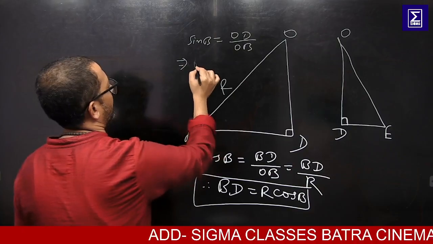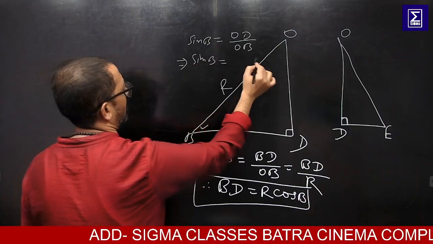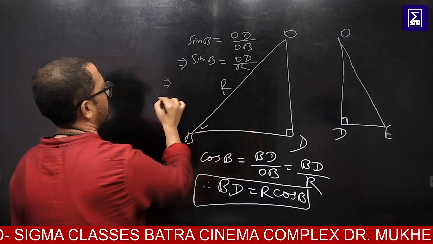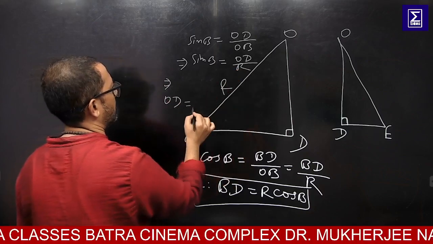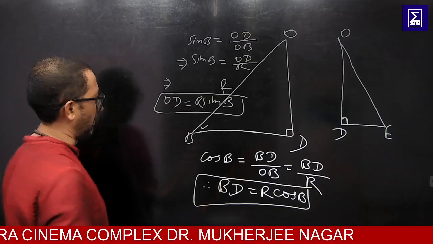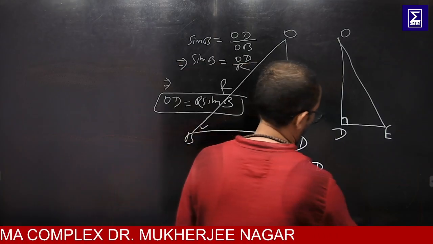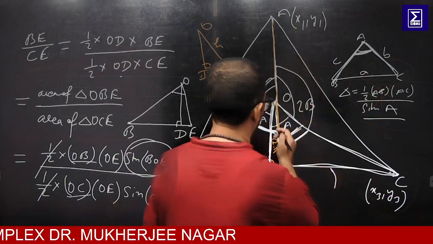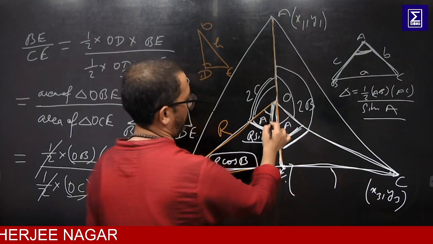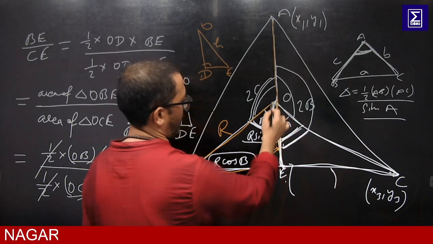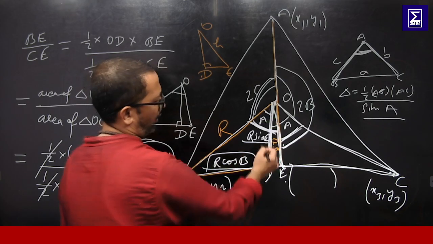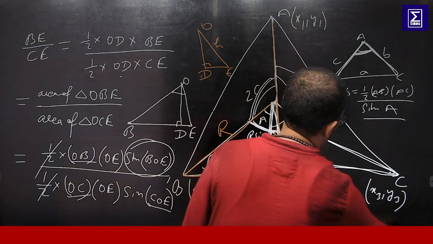So it would be sine B is equal to OD is nothing but OD only and OB is R. So OD is equal to R sine B. OD is nothing but R sine B. So see here in this triangle OD is nothing but R sine B. So we are talking about this triangle wherein OD is given and we have to find DE in the triangle ODE.